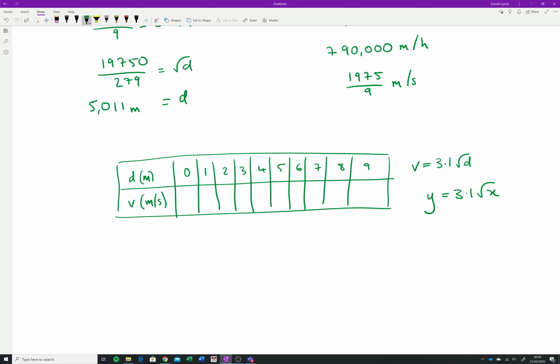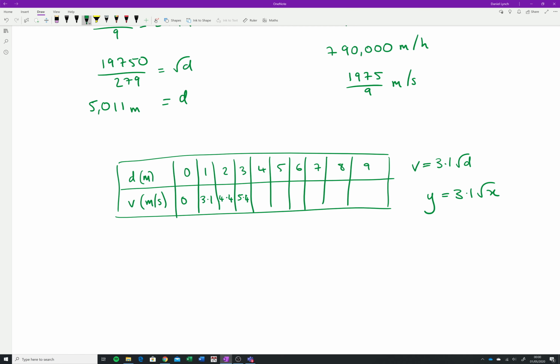So it then creates a lovely little table. So it says 0. And what was this? Didn't ask us to any particular decimal places or anything. 3.1. I'm just going to do it to one decimal place if that's okay. 4.4. 5.3. Actually 5.4 is what it's closest to if we round.